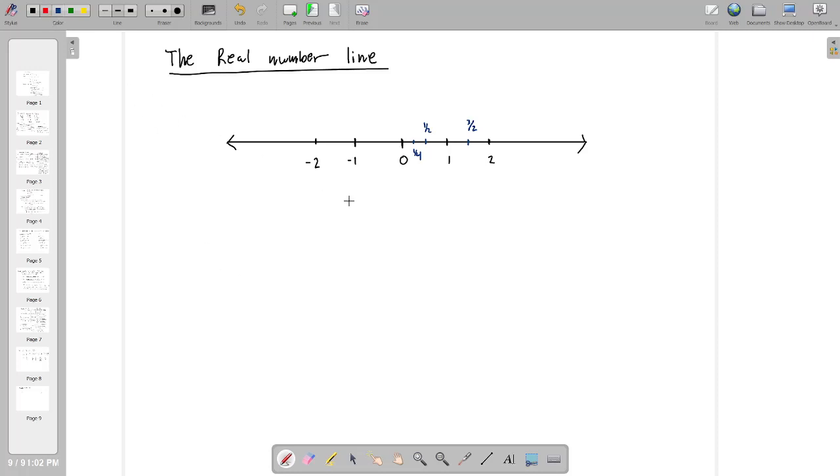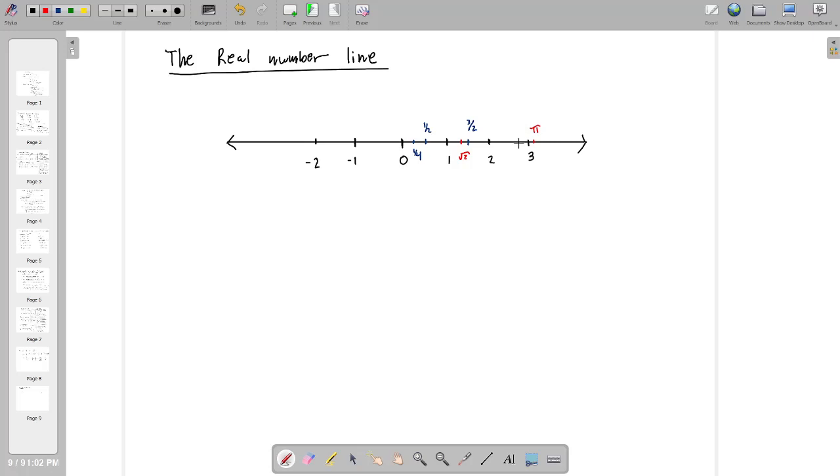Similarly, we have irrational numbers. Now, irrational numbers will look like this. Square root 2. And then if I draw a 3 out here, that gives you pi out here.